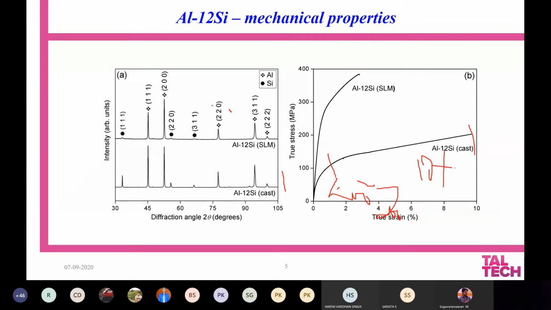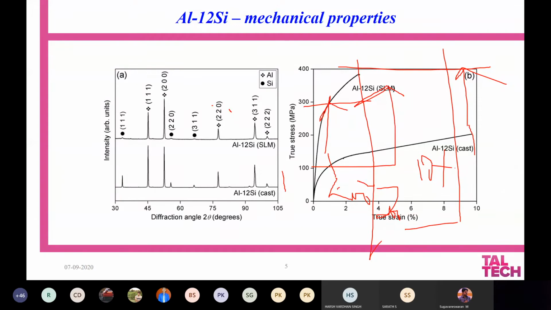When you take the same sample produced by additive manufacturing, you see the yield strength increases 4 times, the ultimate strength increases twice, and the ductility is reduced 3 times. There are several metallurgical reasons behind it.